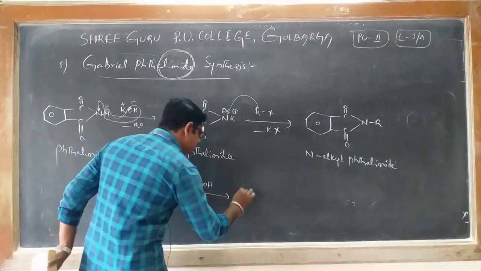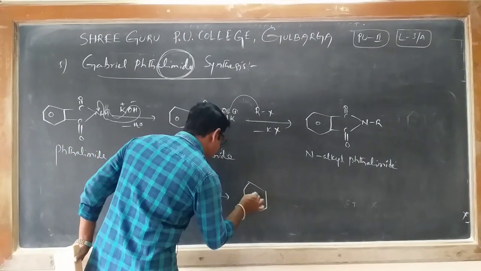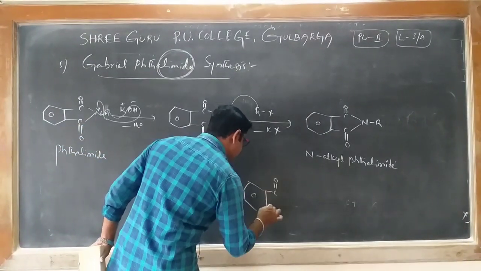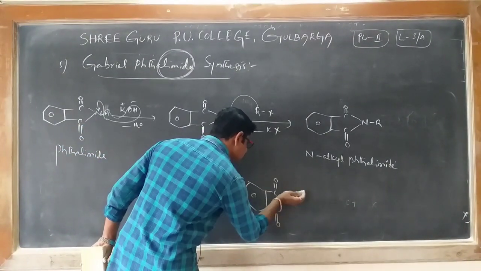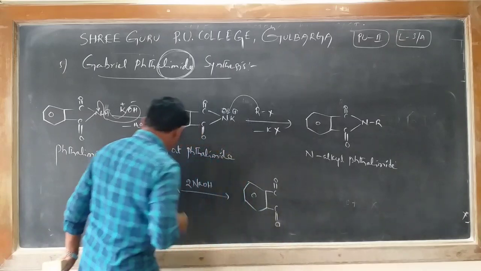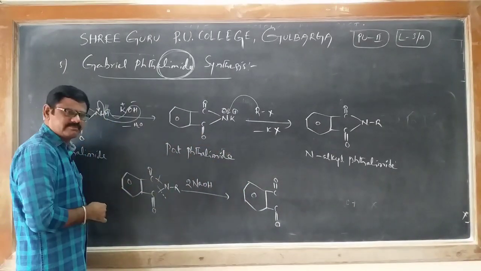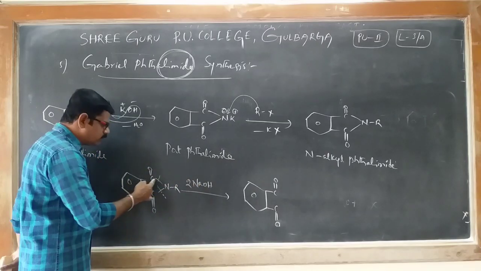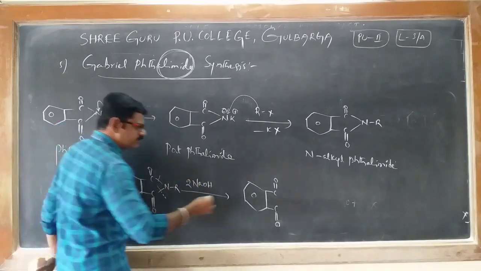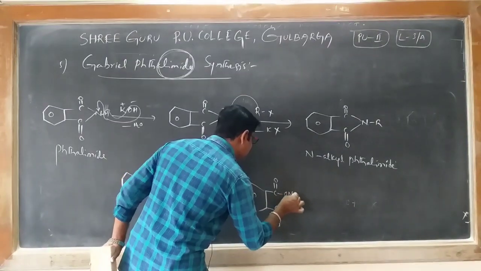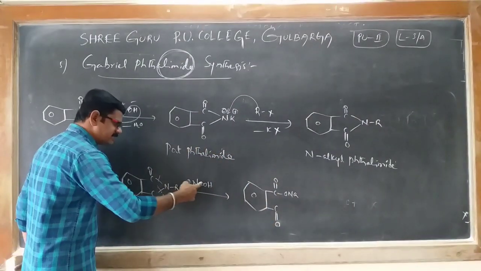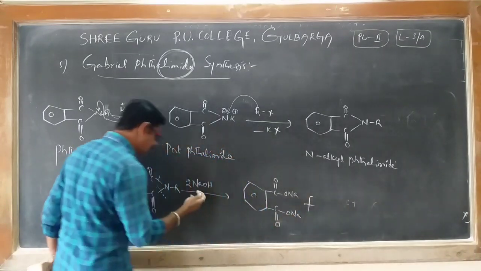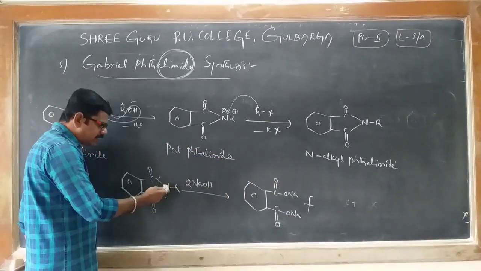Now the obtained structure: benzene ring with CO, here also CO. This CO is connected with ONa, COONa, and this CO also with ONa, COONa, and here RN is left.